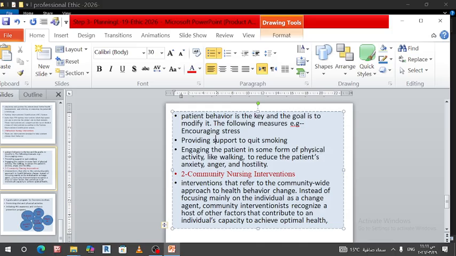Community intervention recognizes a host of other factors that contribute to an individual's capacity to achieve optimal health. This is community nursing intervention, the nurse's action in the community.